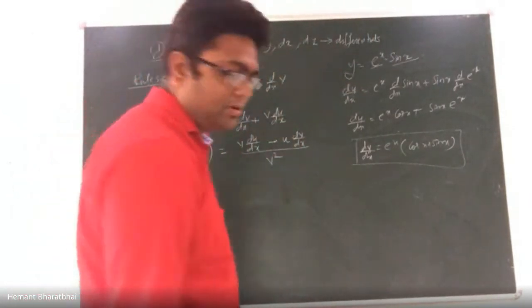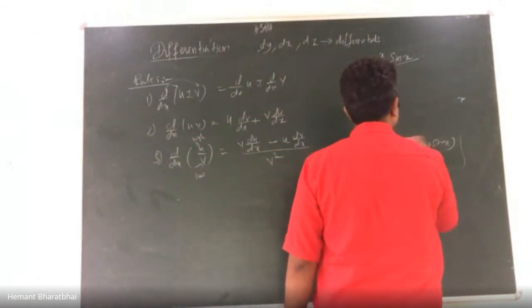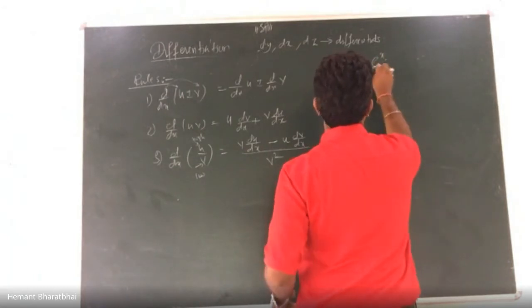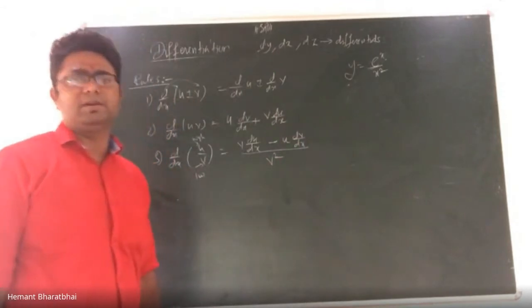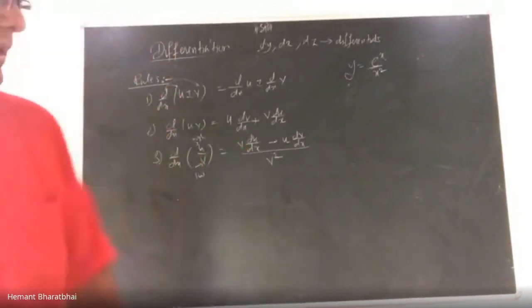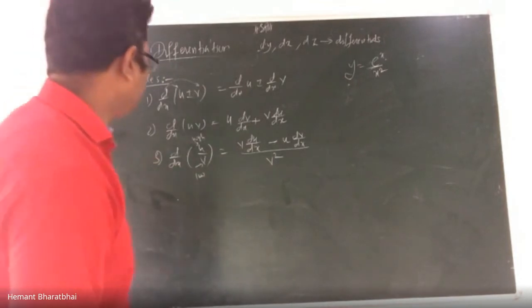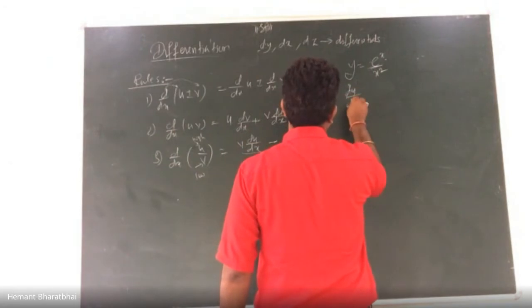Okay, let's see one more. y is equal to e raised to x upon x squared. So this time two functions are in division. So I will apply this formula, which is also called the u by v rule.